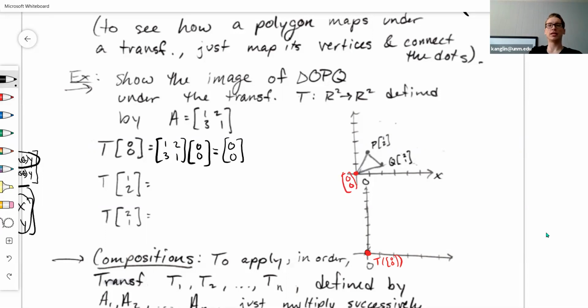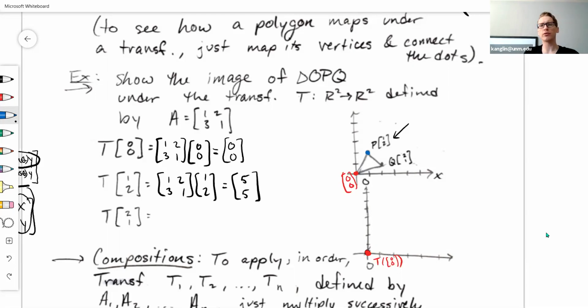Well, if I do the next vertex, if I plug (1, 2) into my transformation, again, we're just multiplying the column (1, 2) by this matrix. What does that give me? If I multiply this out, it looks like I get (5, 5). Let's plot this one. I'll do this one in blue. It started out at this point (1, 2), and it moved to (5, 5). 1, 2, 3, 4, 5.